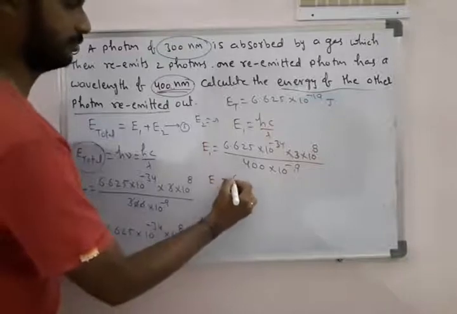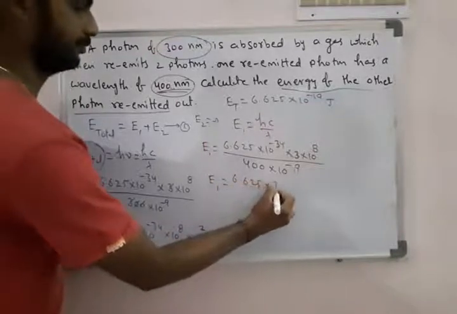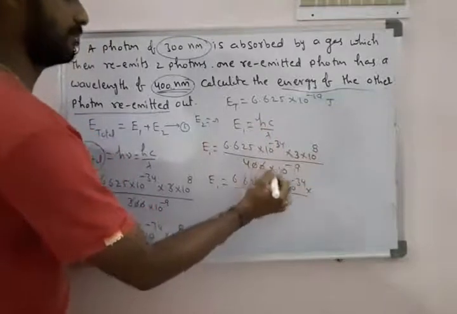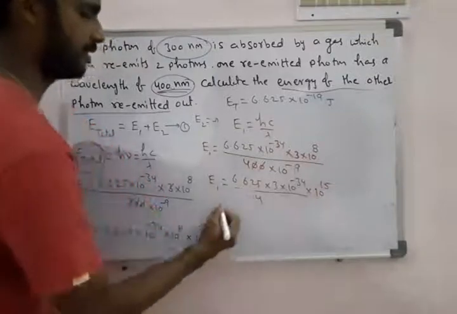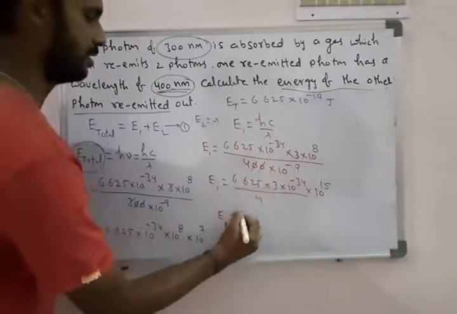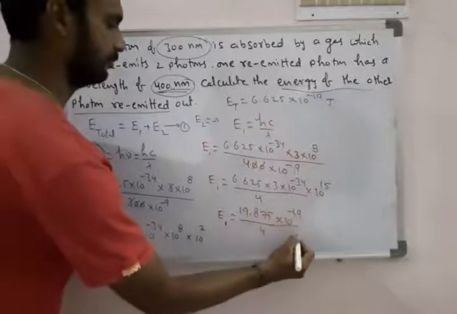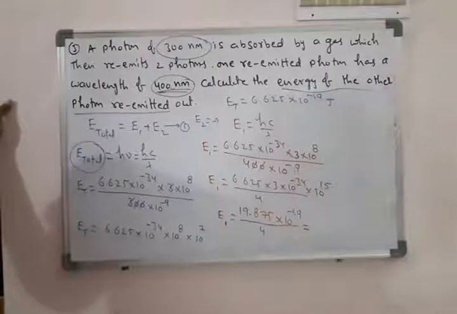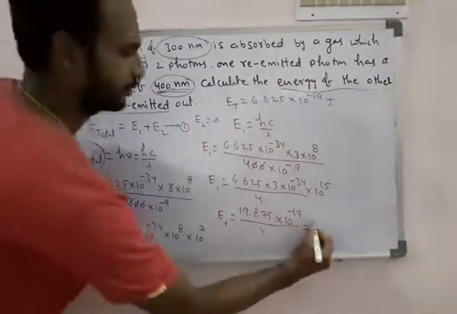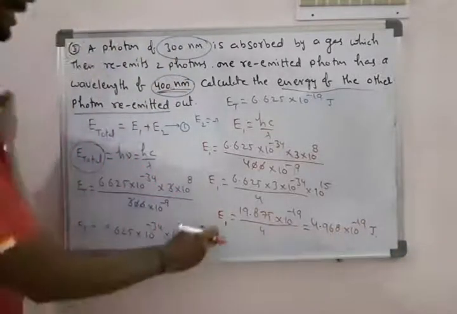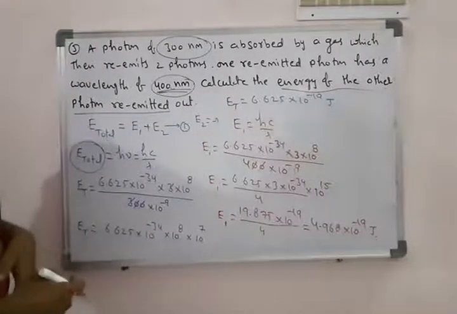So finally, with the same minus 34, and 10 to the power minus 7 becoming 10 to the power 15, we get minus 19. So we got E1, approximately 4.9 something. This is the energy of the first photon.